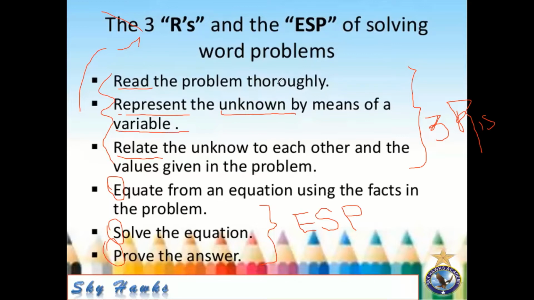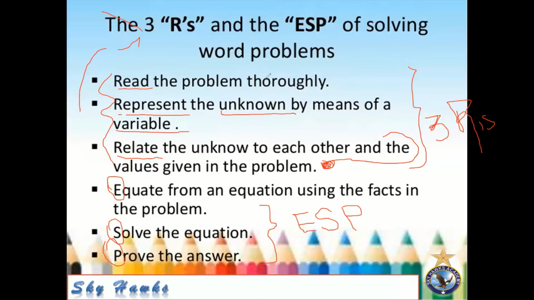Then relate the unknown to each other and values given in the problem. So you will have to make the mathematical equation in this last R. Then equate from an equation using the facts in the problem, solve the equation and prove the answer. So this is all about the three R's and ESP.